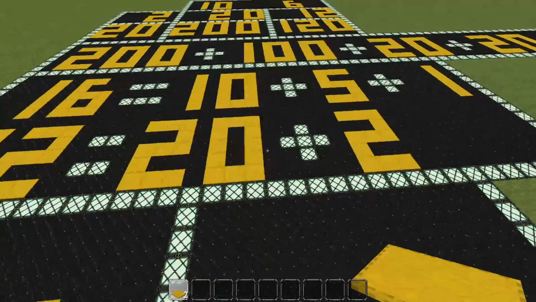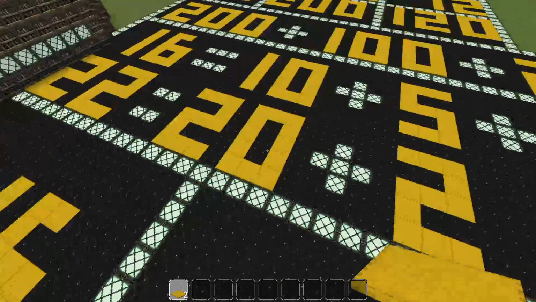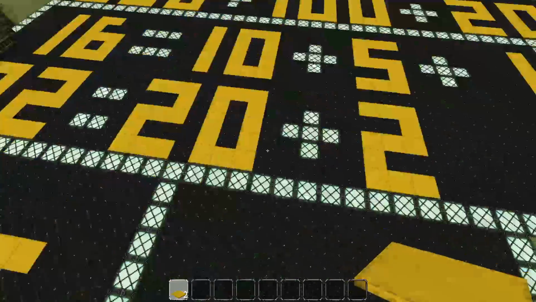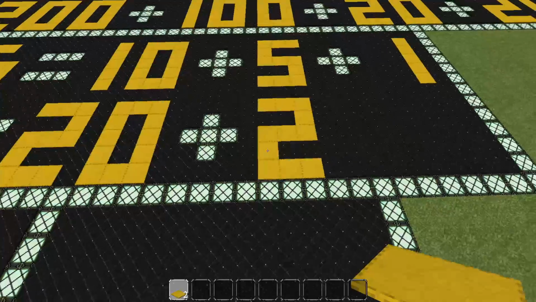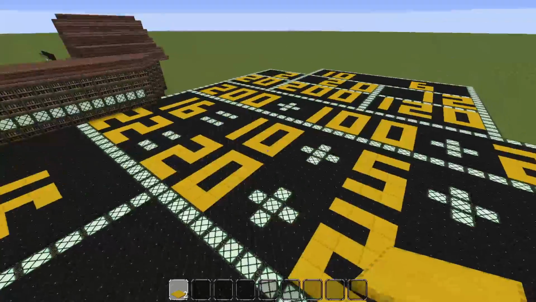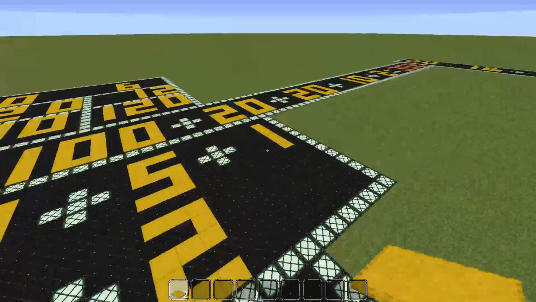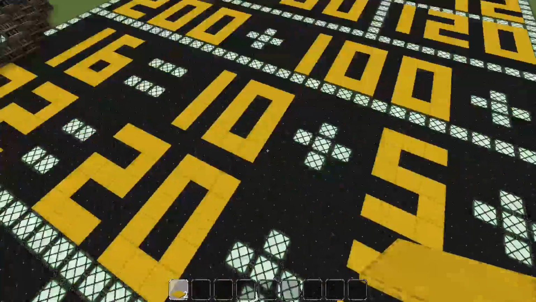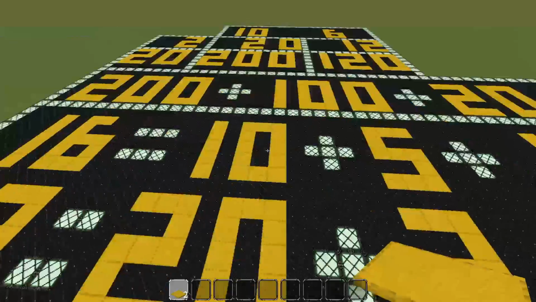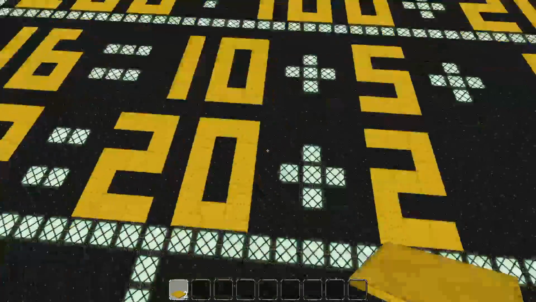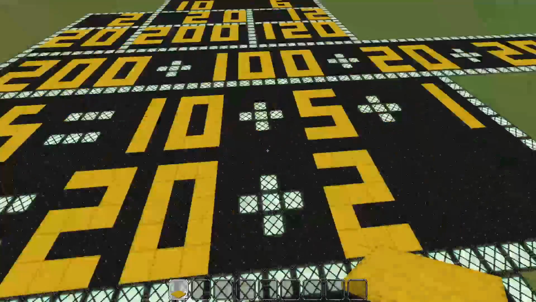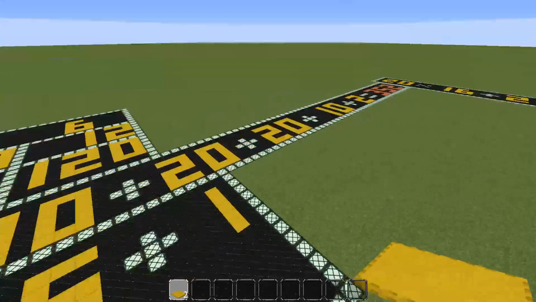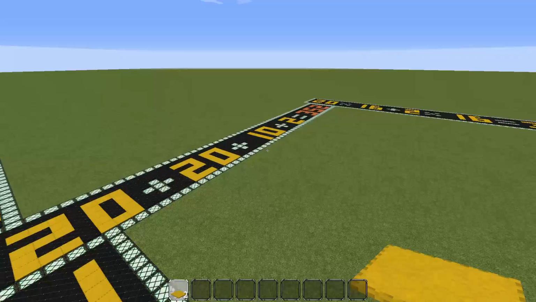And if we look just at this category, we can multiply the 20 times the 10, 20 times the 5, 20 times the 1, and then 2 times the 10, and then 2 times the 5, and then 2 times the 1. And that's 200, which is 20 times 10, 100, which is the 20 times 5, 20, which is the 20 times 1, another 20, which is the 2 times 10, 10, which is the 5 times 2, and then 2, which is 2 times 1.